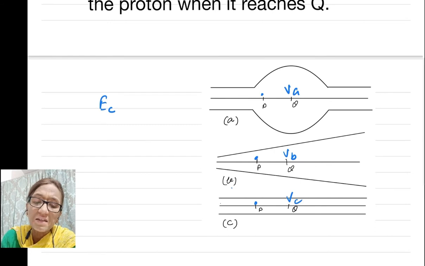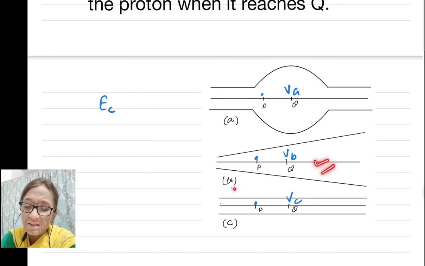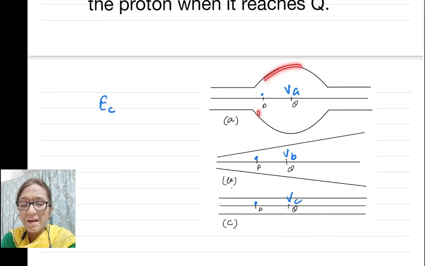Second highest density of field lines is in the case of B. And here the field lines are least dense, so here the electric field should also be smallest.